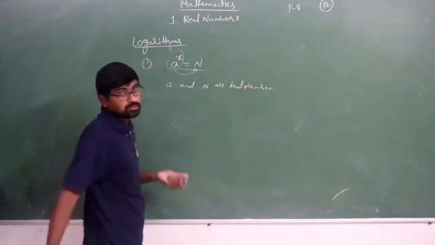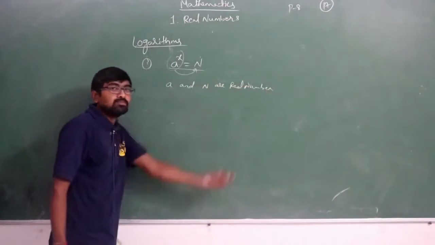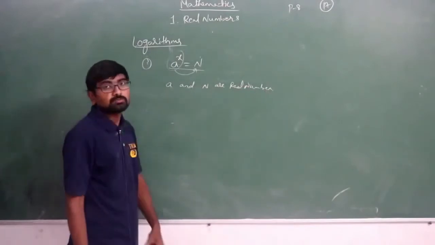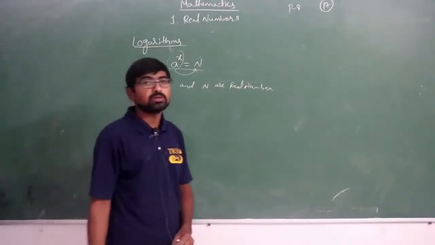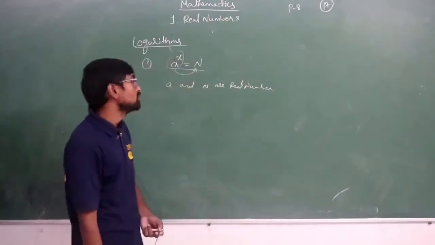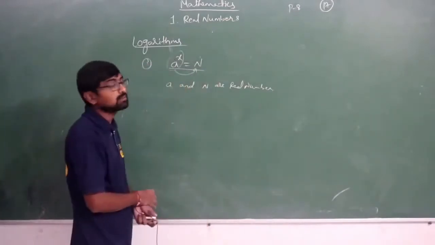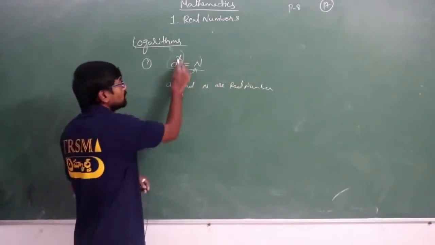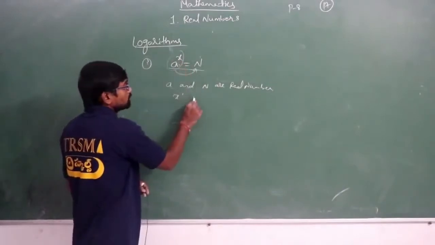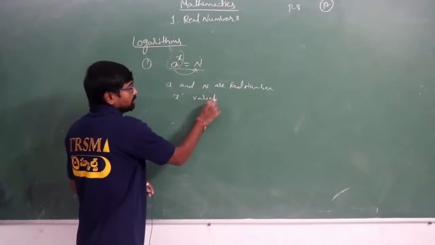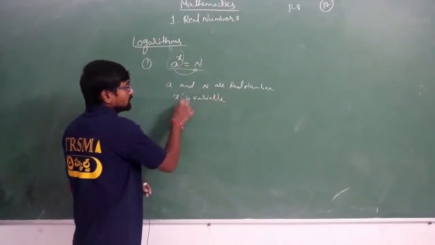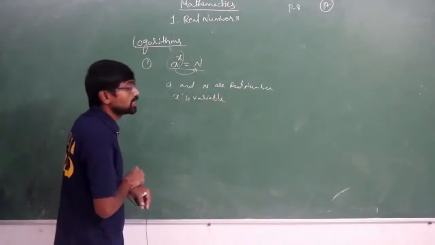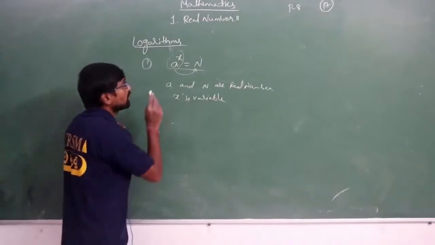Any number it may be, it may be in the form of p by q or not in the form of p by q, that is rational or irrational, we don't know. Let us take that as any real number. Then how will we find the value of x? x is the variable here, isn't it? So now how will you find it?